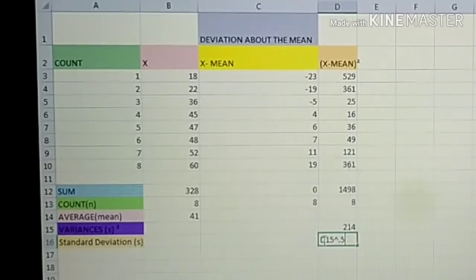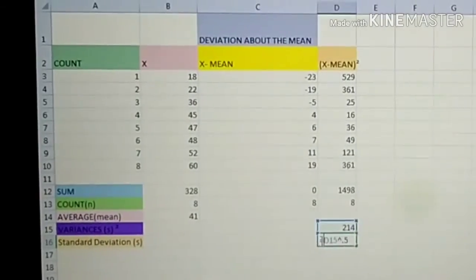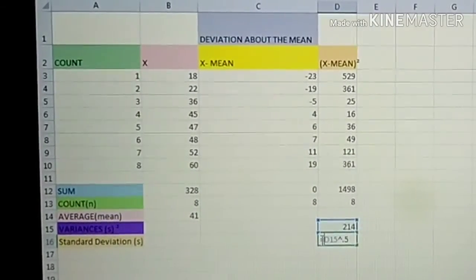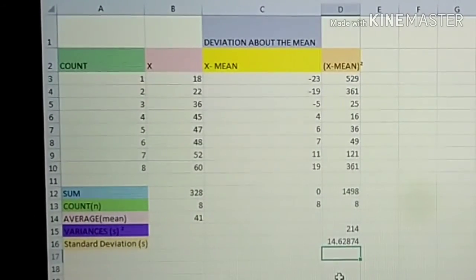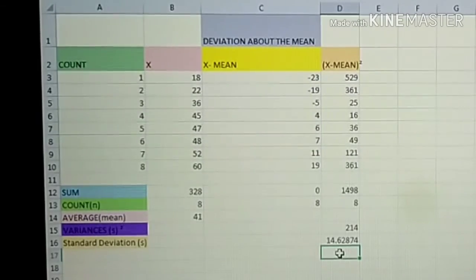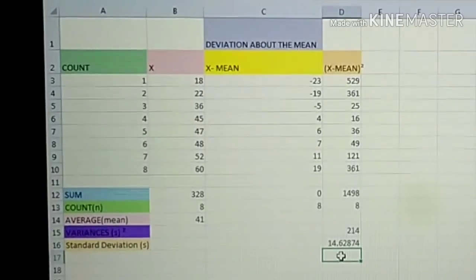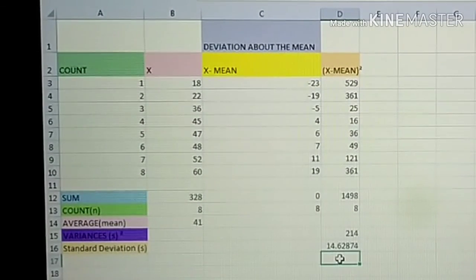Nakalimutan ko ng equal sign. Then, enter. So, the standard deviation is 14.62874. So, ganun po kumuha ng standard deviation.